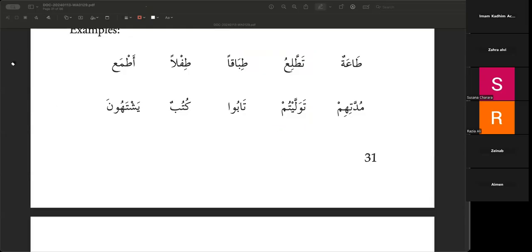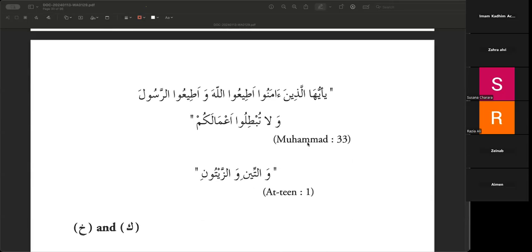So let's practice reciting these 2 ayahs. Sister Razia, please. Bismillahirrahmanirrahim. Ya ayyuhallazina amanu أطيعوا الله وأطيعوا الرسول ولا تبطلوا أعمالكم والتين والزيتون.